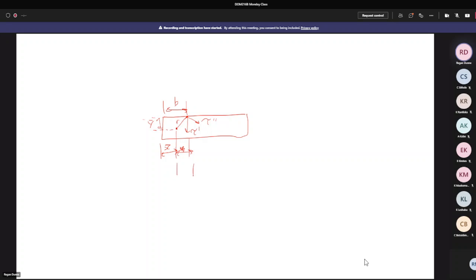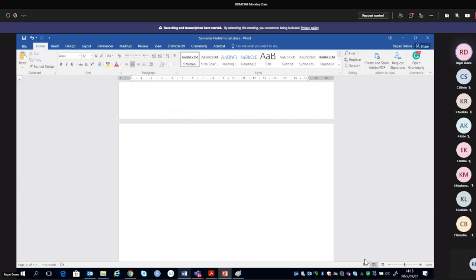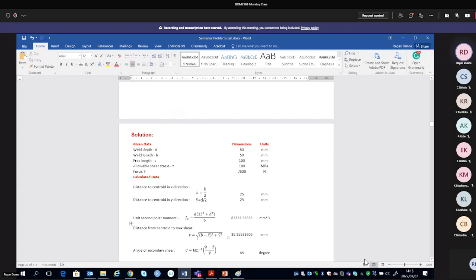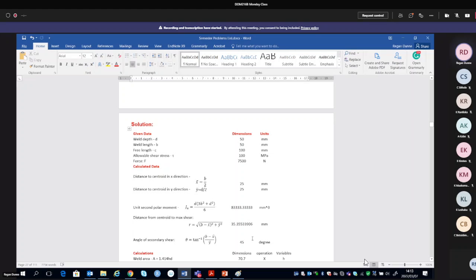So this distance here is going to be b minus x bar. That's important to note. So we've got that distance, b minus x bar squared plus y bar squared, under a square root. That gives me 35.355 millimeters.